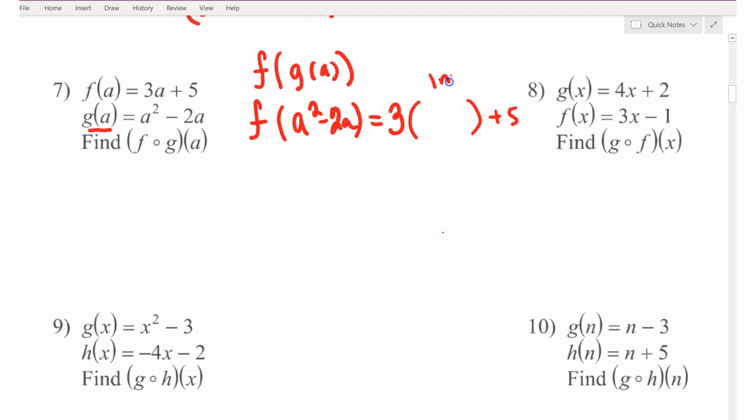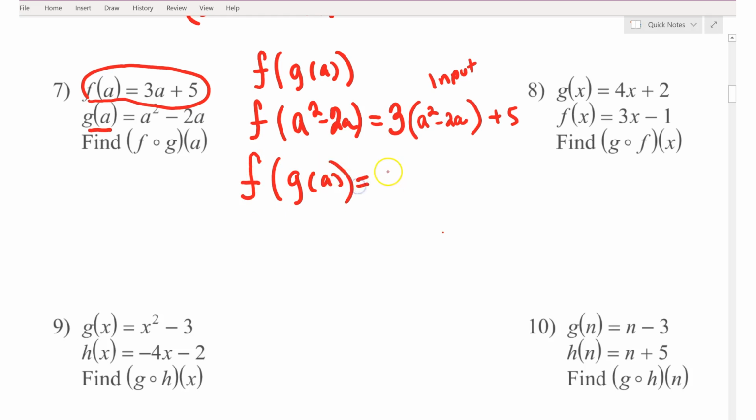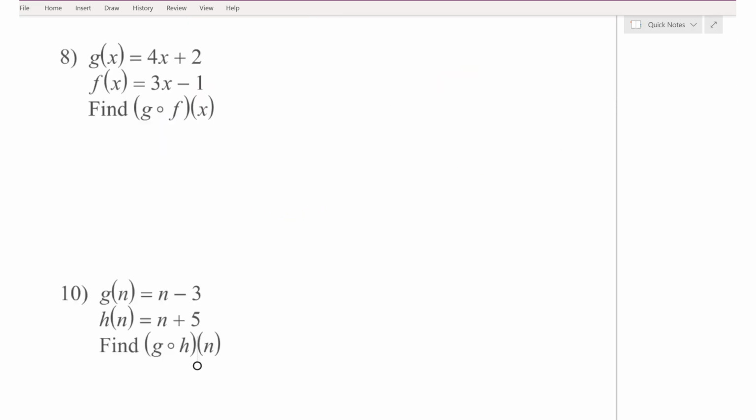Remember, this is the input, and we're using f of a. So what do you have as your input now? A squared minus 2a. So therefore, we have f of g of a is equal to 3a squared minus 6a plus 5. So that is a composition of f of g of a.